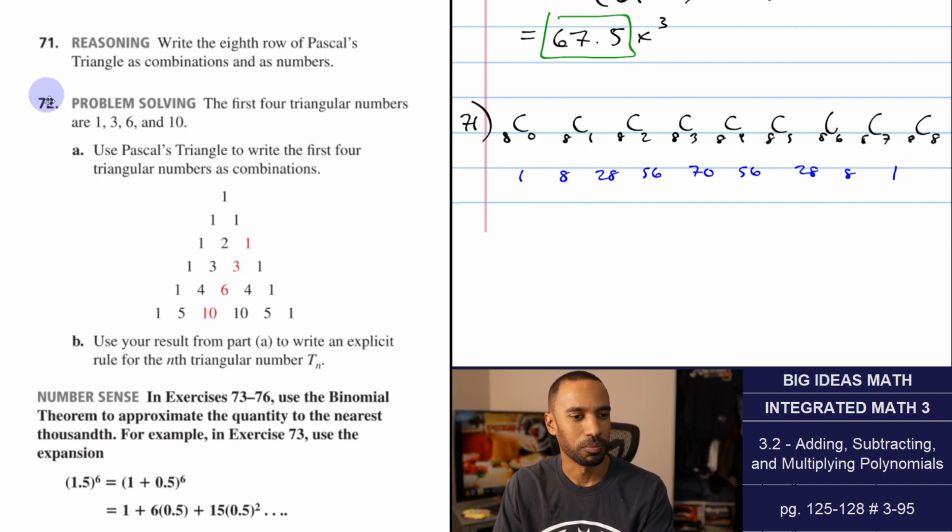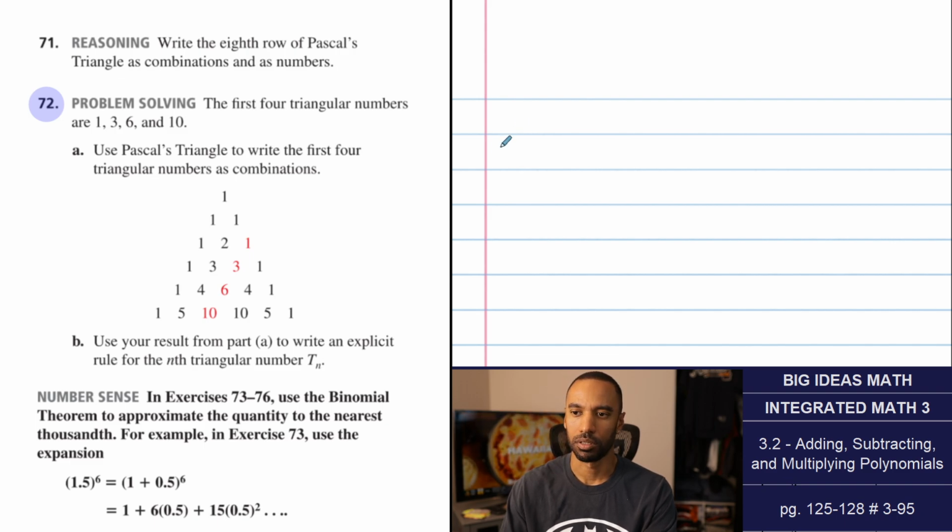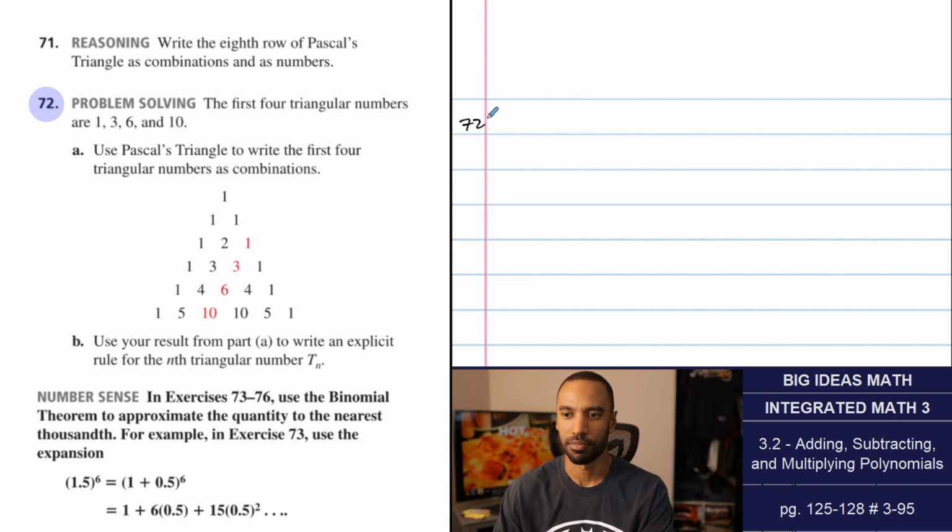Number 72. The first 4 triangular numbers are 1, 3, 6, and 10. Use Pascal's triangle to write the first 4 triangular numbers as combinations. Part A. Okay, hold on. 72.